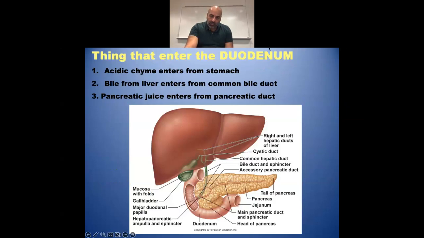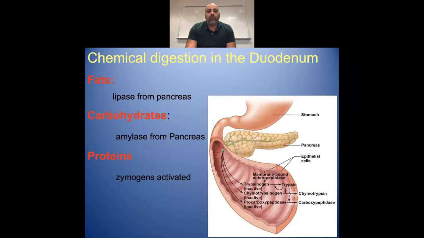All right, so what's coming into the duodenum? The chyme, it's acidic. The bile from gallbladder and liver, and all the bicarb and enzymes coming out of the pancreas. So all of this is mixing together so we can start to digest the food fully so that we can absorb it. So fats, we don't break fats until we hit duodenum, and we use lipase.